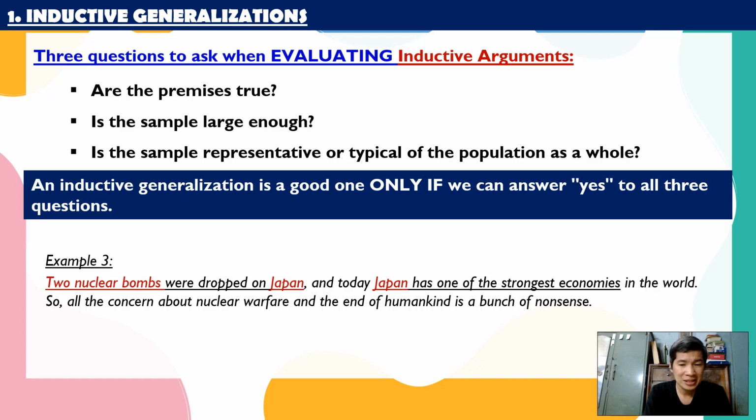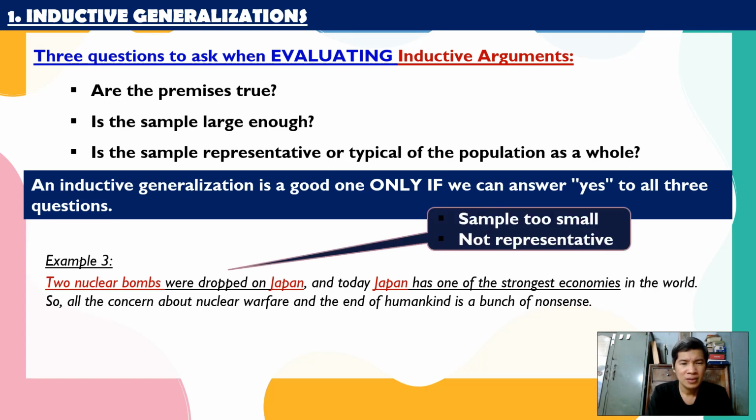Based on that, we say nuclear bombs are not so serious. Think of the population, the sample. Too small, just one country, not representative. Have you considered the personalities, the lifestyles, the characteristics of the Japanese? If this happened to another country, would this country also become one of the strongest economies in the world? That's a question.